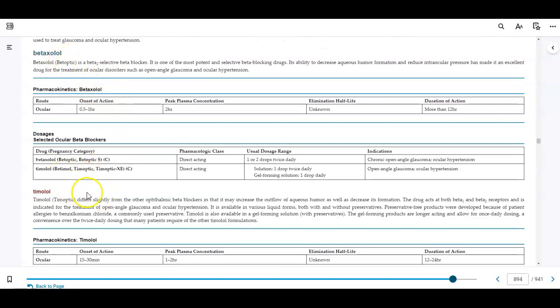Betoptic and Timoptic, both of them are utilized for our patients with glaucoma. So be able to recognize those terms. If you do have an individual that's on multiple medications, eye drops for glaucoma, we typically want to give one of the medications, let their eye rest for about 10 minutes, and then come back and give the second medication.